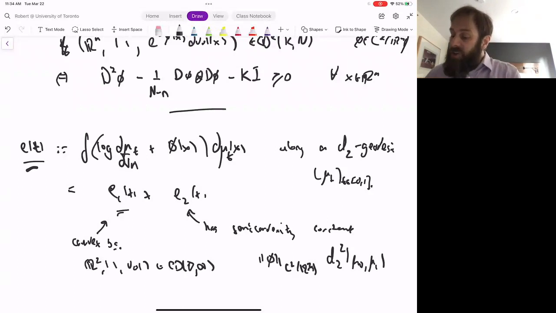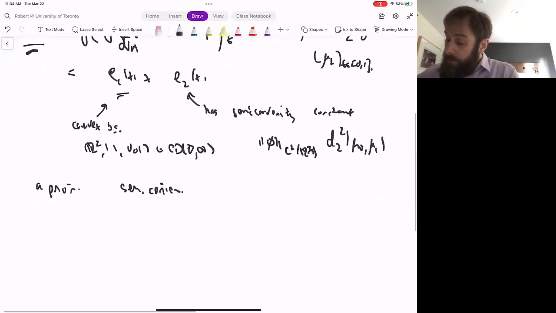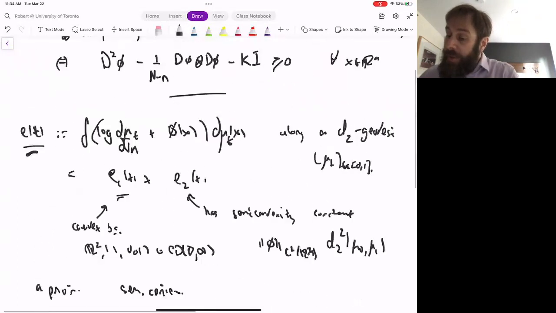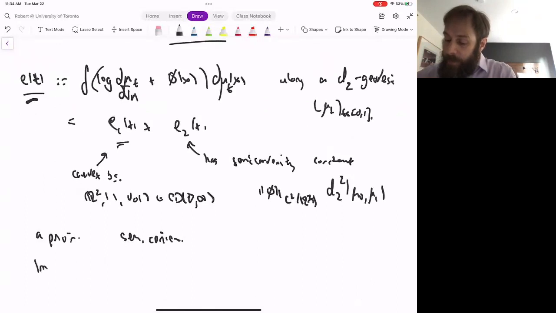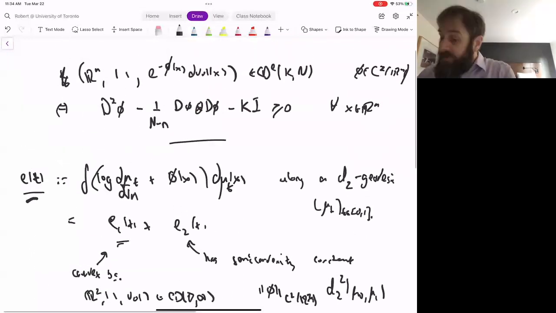And then what I want to check is that I can improve that semi-convexity. Somehow what I was trying to show last class is that I can improve to KN convex under this hypothesis.